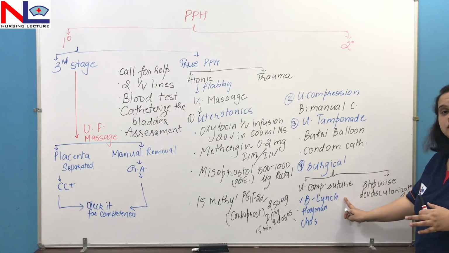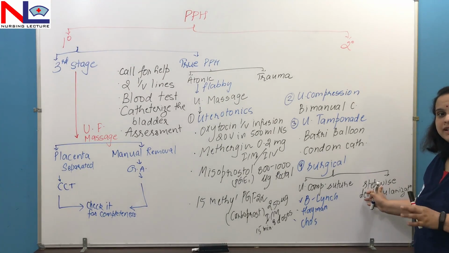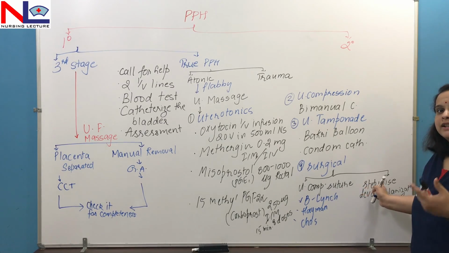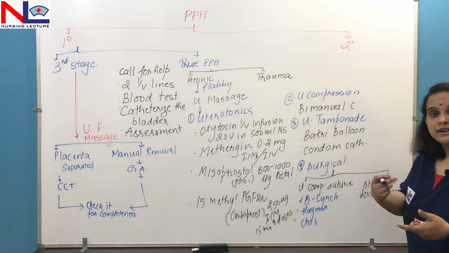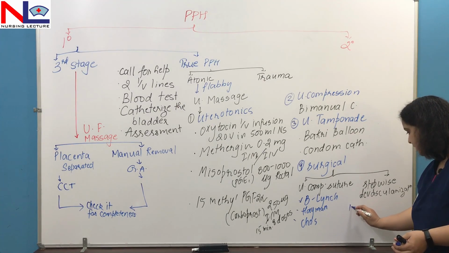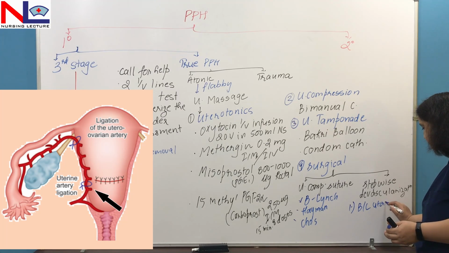But still, if it is not contracting, then the doctors usually perform the stepwise devascularizing procedure, where the stepwise major arteries are ligated. So what arteries are ligated here? That is, first bilateral uterine artery ligation.